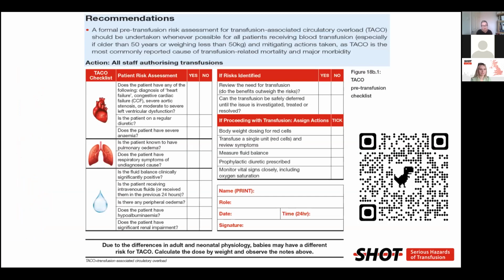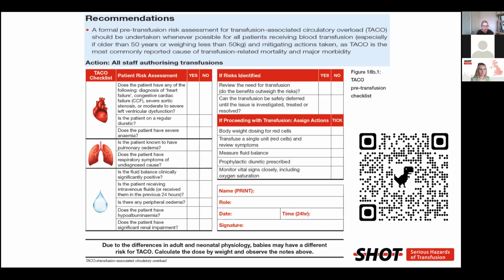So this is the risk assessment or checklist, and this was the recommendation we see here. A formal pre-transfusion risk assessment for transfusion circulatory overload should be undertaken wherever possible. What this tries to do is ask the assessor to think heart, lungs and fluid. Does the patient have any risk associated with the heart, such as pre-existing cardiac dysfunction?